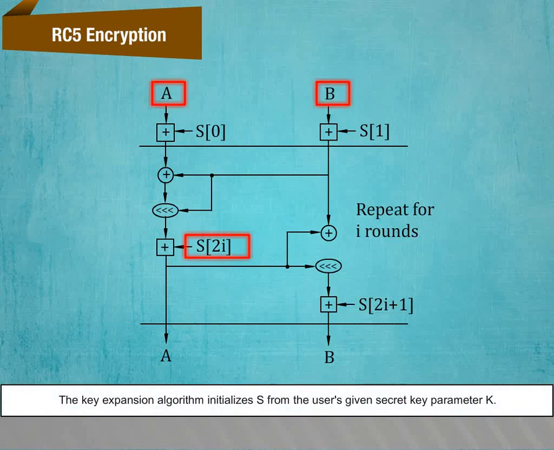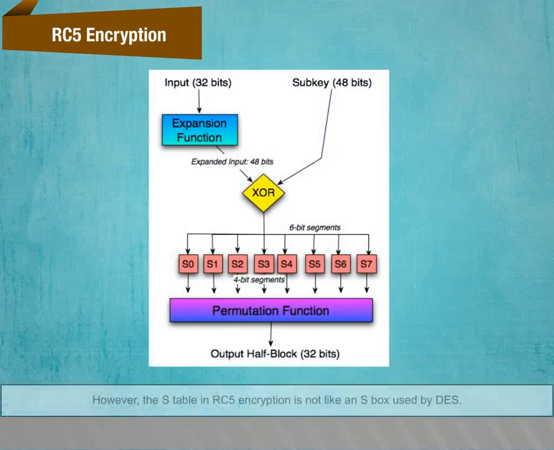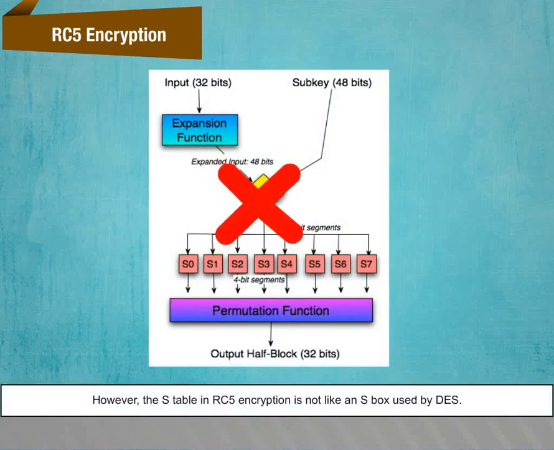The key expansion algorithm initializes S from the user's given secret key parameter K. However, the S table in RC5 encryption is not like an S-box used by DES.